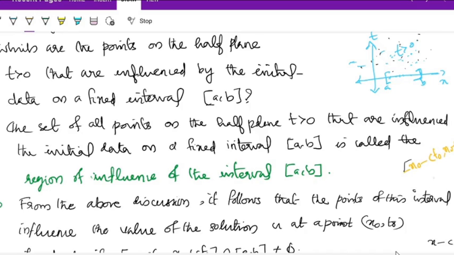So the value of u at (x0, t0) will depend on the influence of the initial data on this characteristic base.